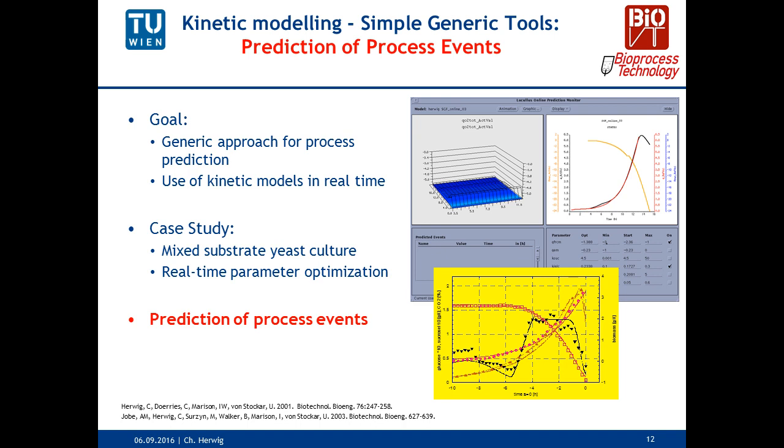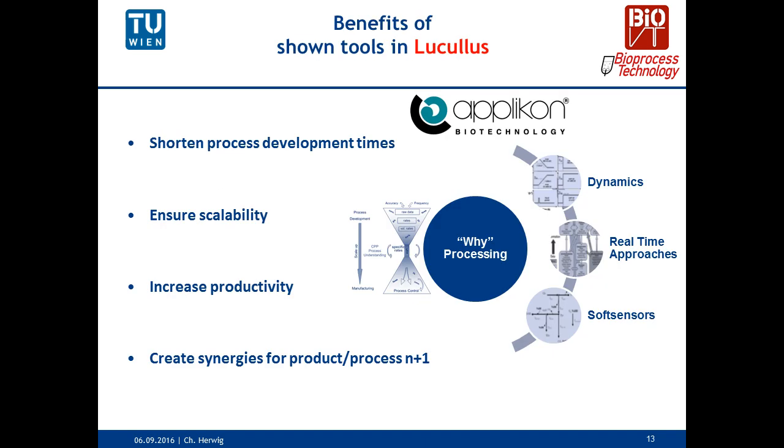That means you feed these data to kinetic models, and this helps you in predicting process events, such as when the batch is finishing, when the substrate is limiting, when I reach the maximum productivity, in order to trigger an action on that. All these tools are available in Lucullus and can be used for acceleration and optimization of processes.